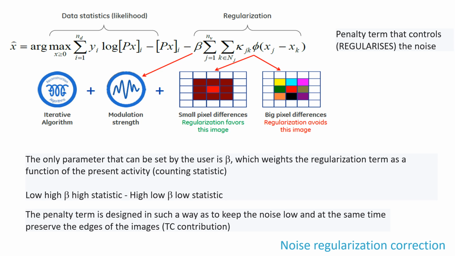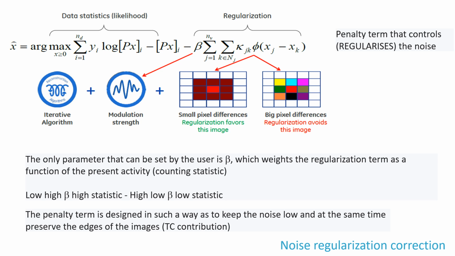In the formula used to reach convergence of the difference between acquired data and calculated image data, a term is included that has the goal to reduce statistical differences between pixels. The only parameter that can be set by the user is a coefficient beta that in the algorithm multiplies the regularization term and which weights the regularization term as a function of counting statistics.